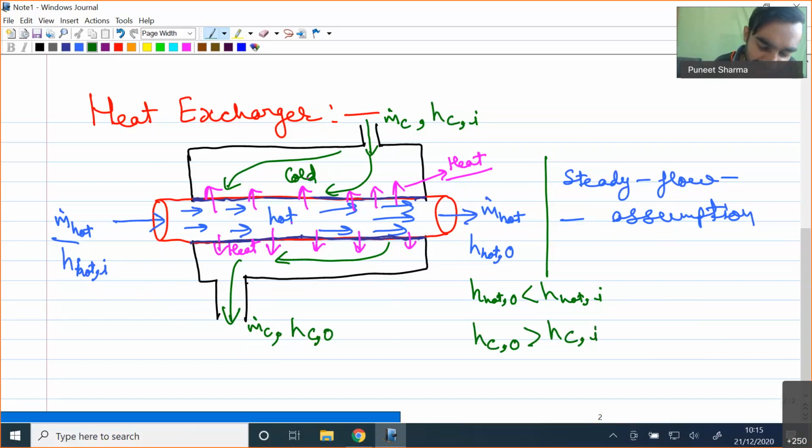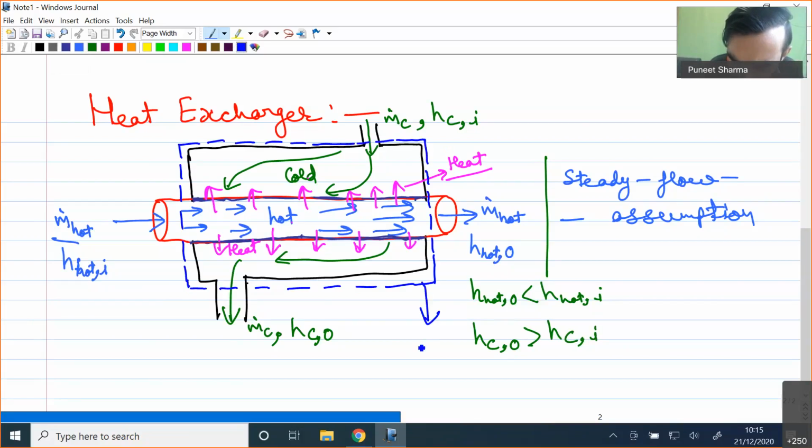Now I have to define the boundary of the control volume. Let me consider that this dashed line I am drawing represents the boundary of my control volume.